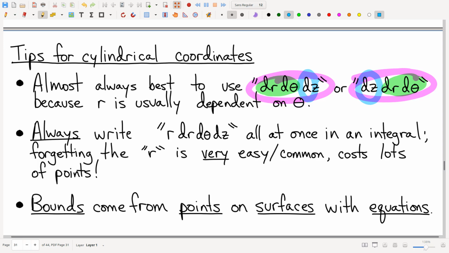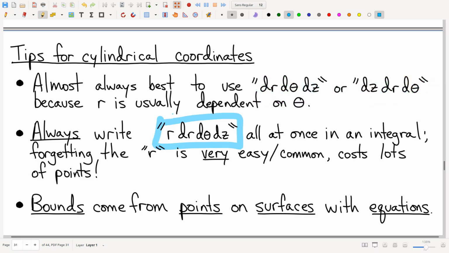All right. Again, don't forget your stretching factor. The best way to remember that stretching factor is to write down this whole dv all at once. After all, this is what you're replacing dx, dy, dz with. This is your dv, your volume element.